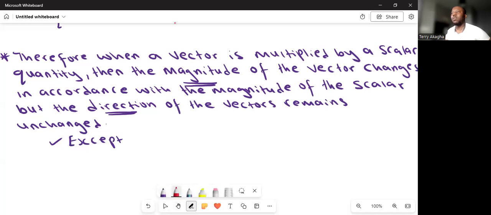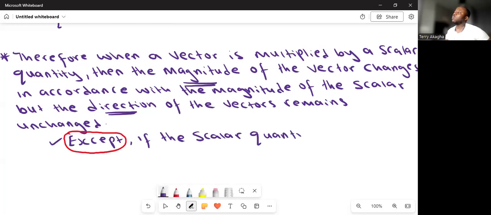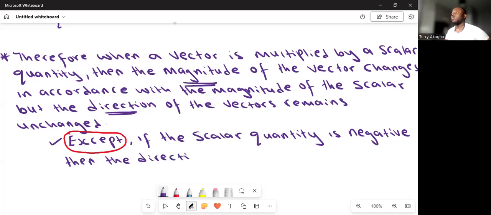The only time there'll be an exception to this rule is if the scalar quantity is negative. Then the direction will change. Okay, so except if it's negative.